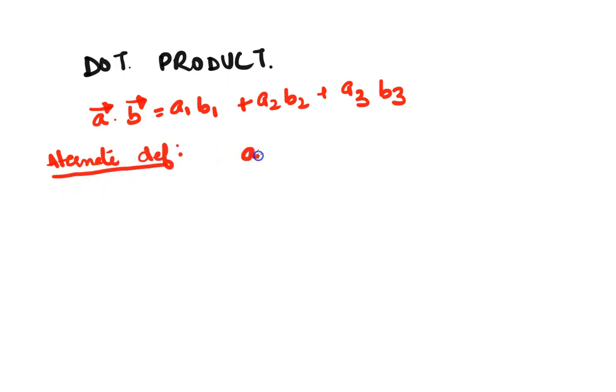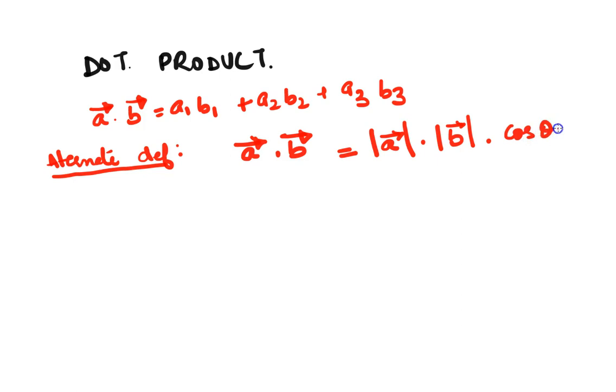It says that A dot B is given by the magnitude of A vector into the magnitude of B vector into cos theta, where this is A vector and this is B vector, and theta is the angle between the two vectors. So this is an alternate definition of dot product.